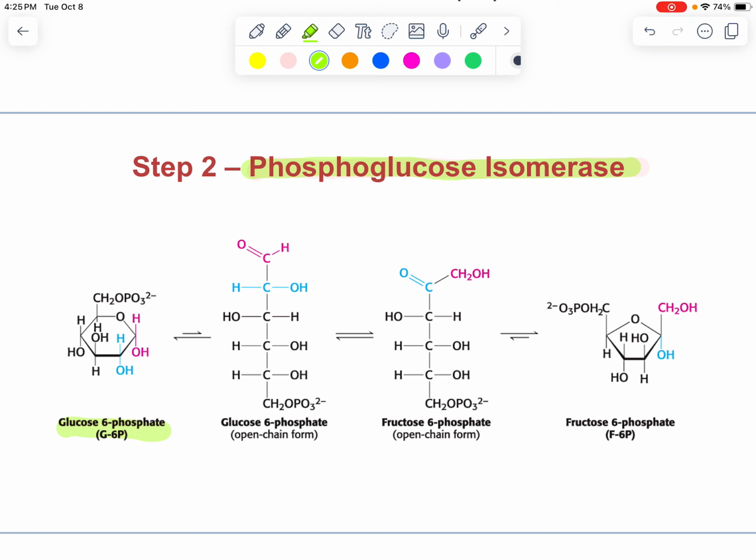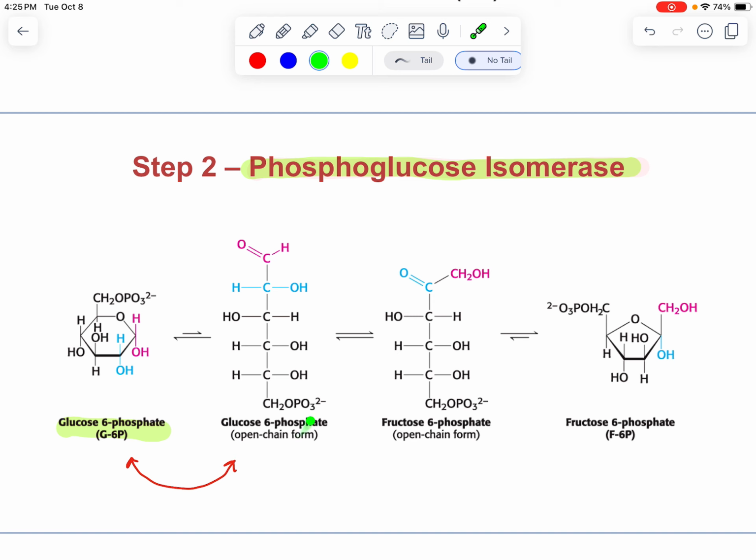We're going to rearrange. So let's look at this because it seems like we're looking at 3 reactions. When we look, this first part, remember that we have an equilibrium between our closed, our cyclic molecule right here and our open chain version. Okay, that equilibrium tends toward the cyclic, but we do have the open chain version.